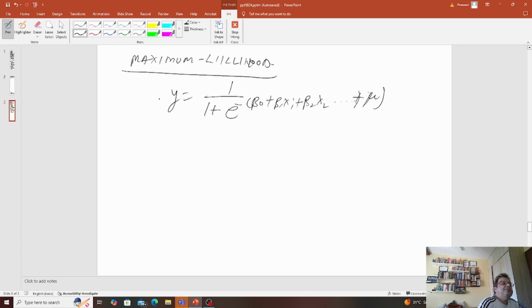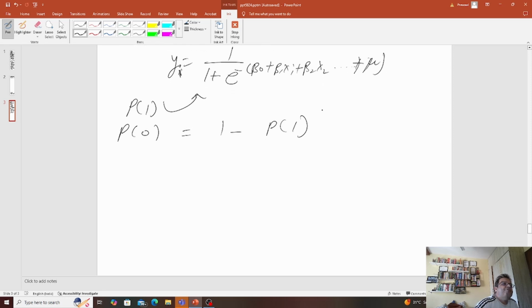So this is your function. This function gives you the probability of 1. So your probability of 1 is this thing, and your probability of 0 is nothing but 1 minus the probability of 1. This is for yi, and xi is here, so this is for a particular instance of y. The probability of 1 and 0 can be found like this.